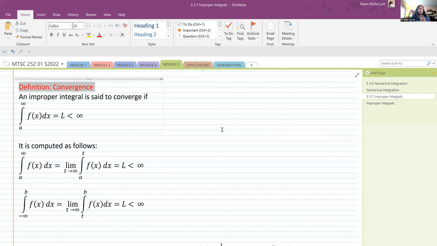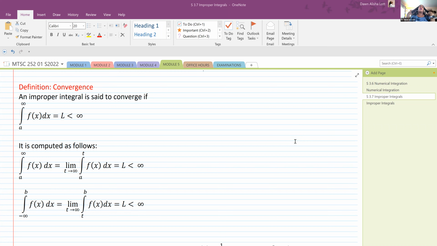Okay, so how do you compute this? Your book uses t, so I'm going to use t. For the integral from a to infinity of a function f of x, you have to put a t in for infinity, evaluate the integral, and then when you're done, take the limit as t goes to infinity. If that gives you a number, then it converges, okay? Let's keep going.